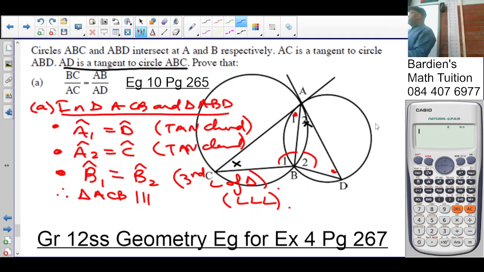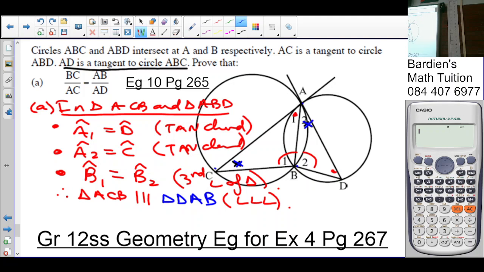If you start with angle A from triangle ACB, where must I start in triangle ADB? A is equal to angle D, so I must start with D. C is equal to which angle? C is equal to angle A, and then B. So that must be the order. The corresponding angles have to be equal, which will result in corresponding sides being proportional. Then I can draw it from here.